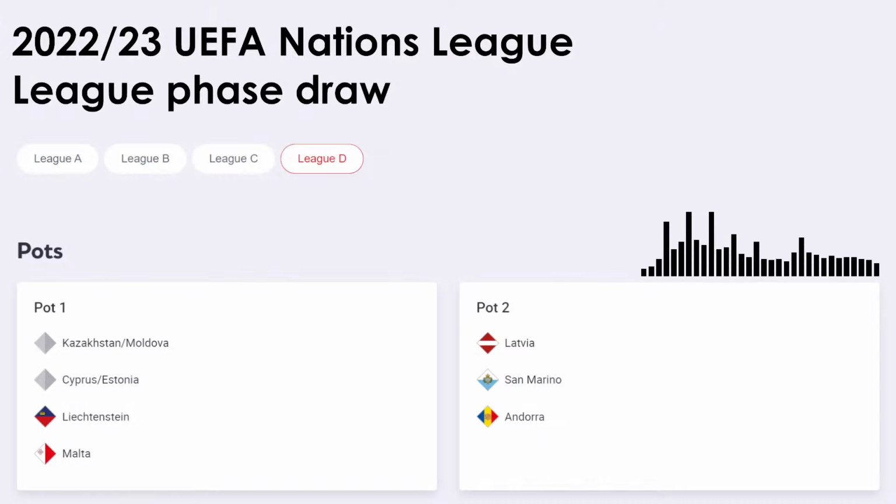The winners will join League C, and the losers of the playoff match will join League D. That means the Kazakhstan versus Moldova winner will go to League C and the loser will join League D. Cyprus or Estonia, the winner will join League C and the loser will join League D.